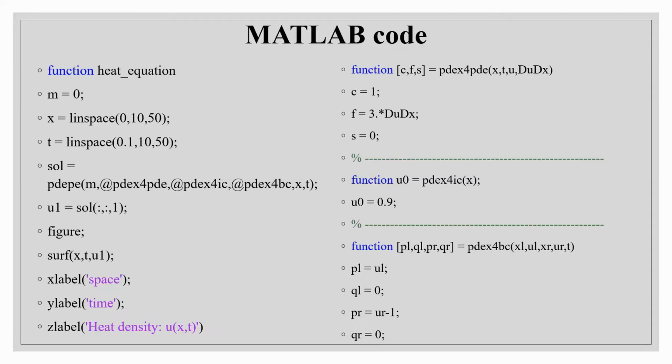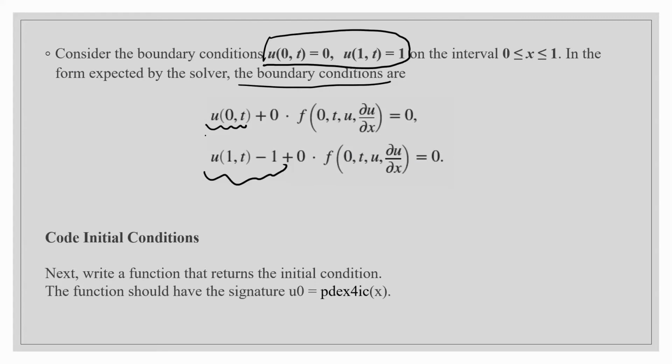This one will be the value of pl, this one is the value of ql, this one will be the value of pr, and this one will be the value of qr. pl means I am talking about the left boundary, and pr means the right boundary. This is nothing but the same boundary conditions, written in the format that matches what is expected by the pdepe inbuilt solver.